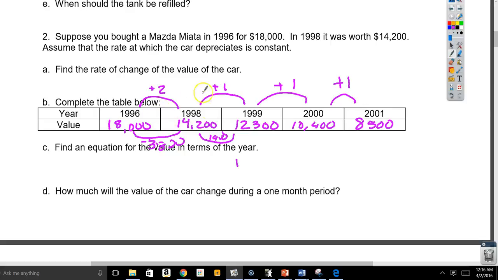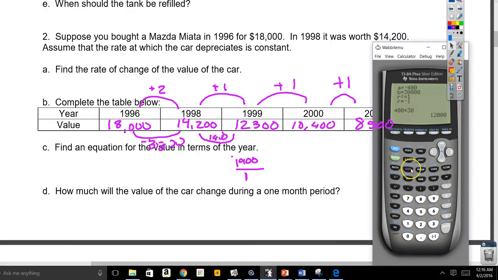So we know what the slope is, 1,900 over 1, and then we could use one of these points to find the y-intercept, or we can put this into our calculator and find the linear regression.